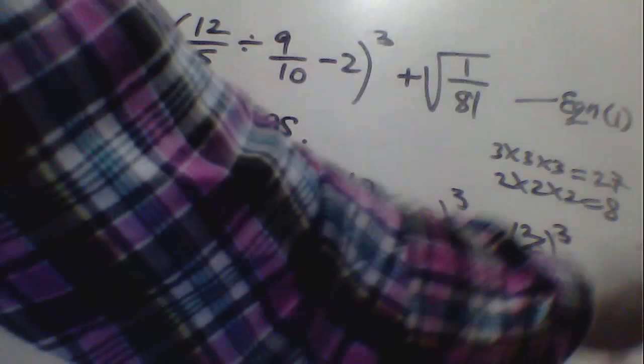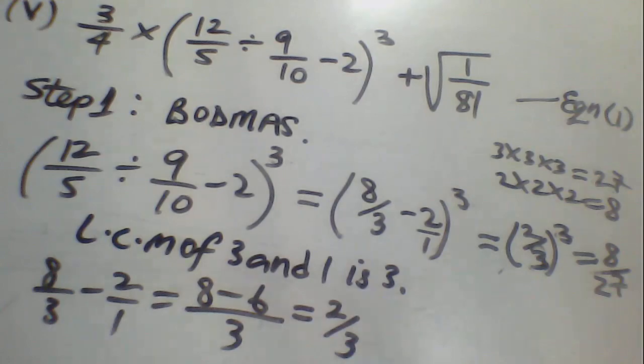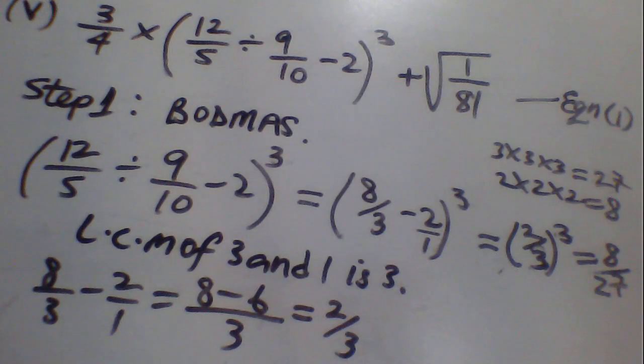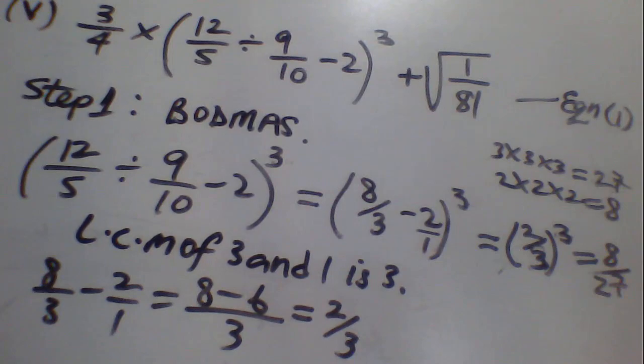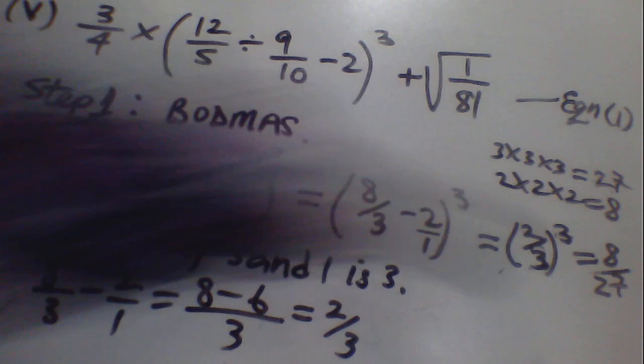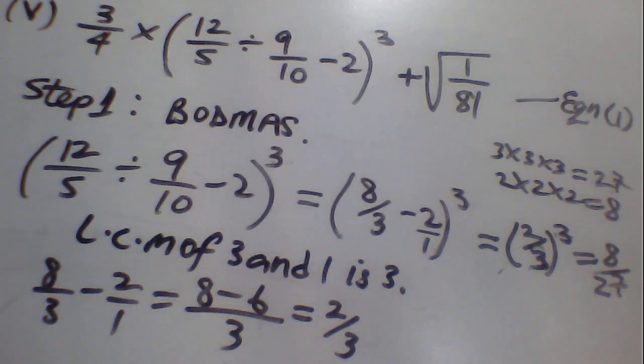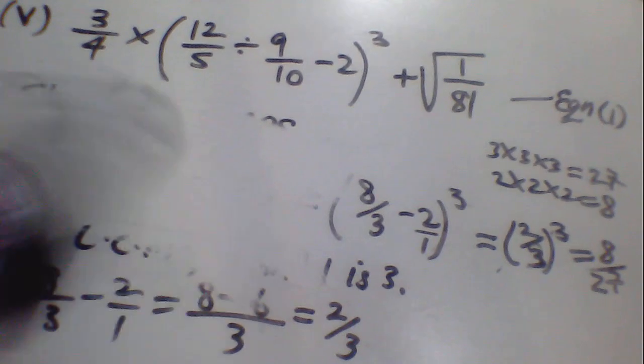So I write here 27. Now we have done with the bracket. We can now rewrite the equation as we have gotten the value in the bracket to be 8 over 27. So I can clean here.